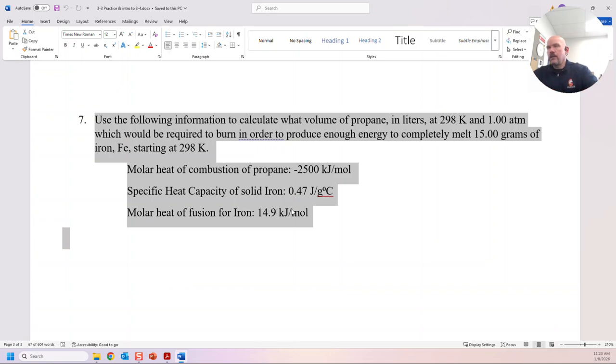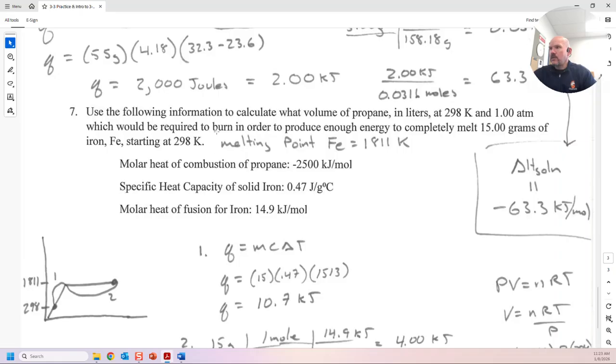That's not something that you would have to memorize. So that piece of information was not given to you on this question, so you have to know it to answer this question. I think I have it on the key. Yeah, so the melting point of iron in Kelvin is 1,811 Kelvin. But again, that would have to have been given to you as well to answer this question.